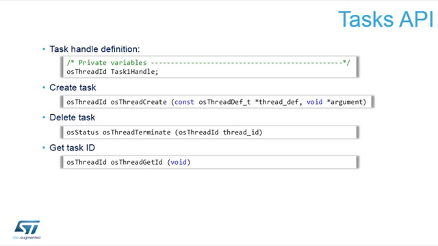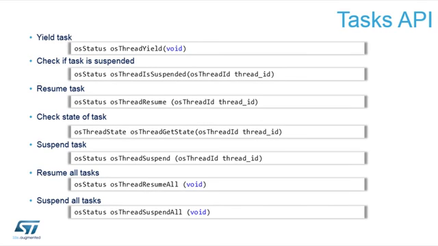So if you want to terminate yourself, you pass a null or 0, and that will find the appropriate value automatically and terminate the current process. You can get the task ID by calling the thread getID function. So if you need it for other purposes, you can as well obtain it.